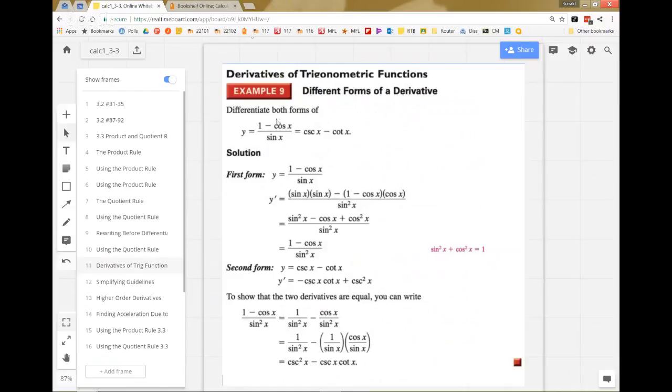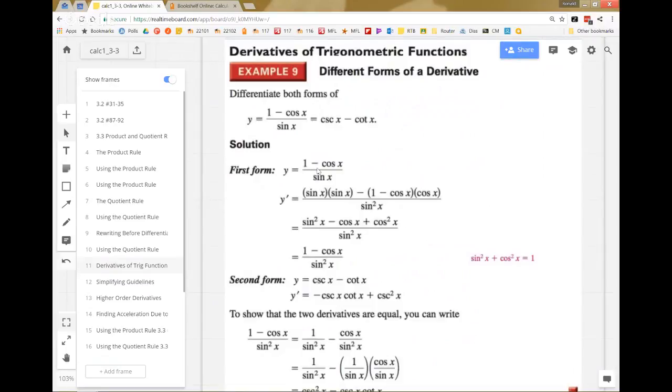It says differentiate both forms, meaning both sides. Okay, so let's take this first one. y equals 1 minus cosine over sine.